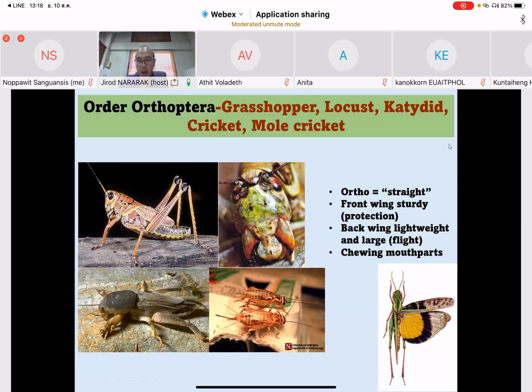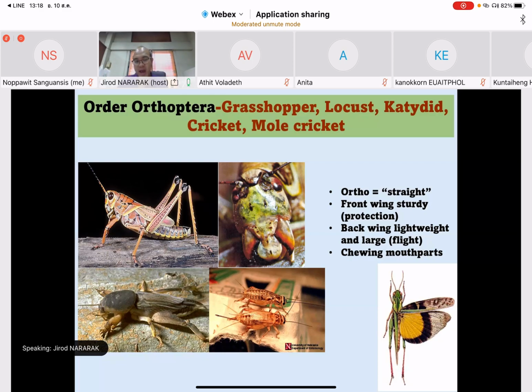The front wing is for protection, and the back wing is lightweight, and they use the hind wing to fly. Also in this insect the mouth part is the chewing type. It is a very economic insect, because some are important pests in agricultural crops.